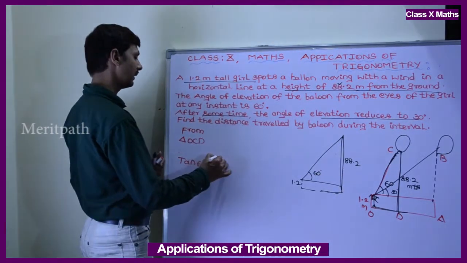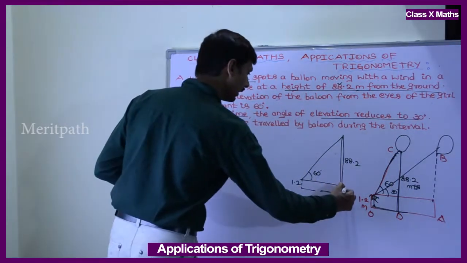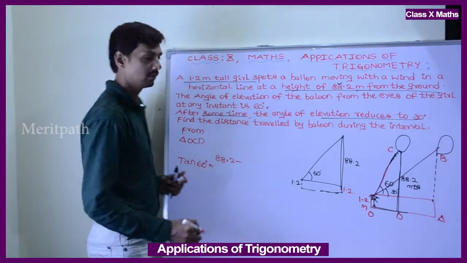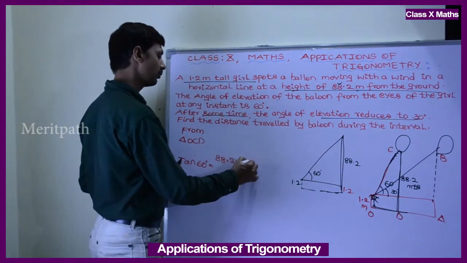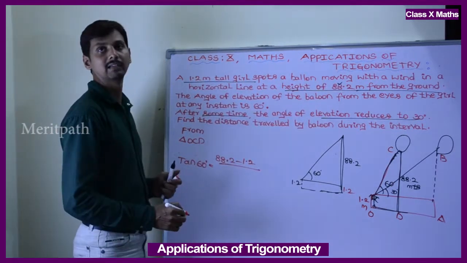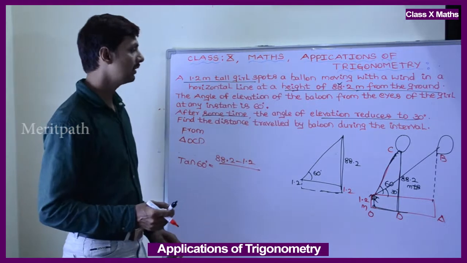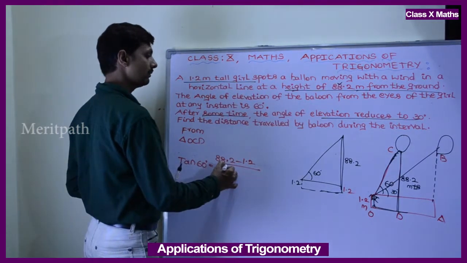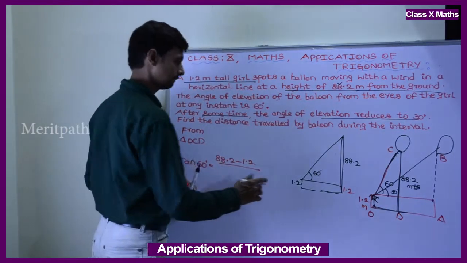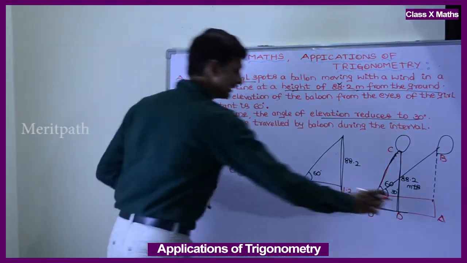The opposite side is 88.2 meters minus the height of the girl, 1.2 meters, so we get the height of the balloon, divided by the adjacent side. Let us take the adjacent side as OD.